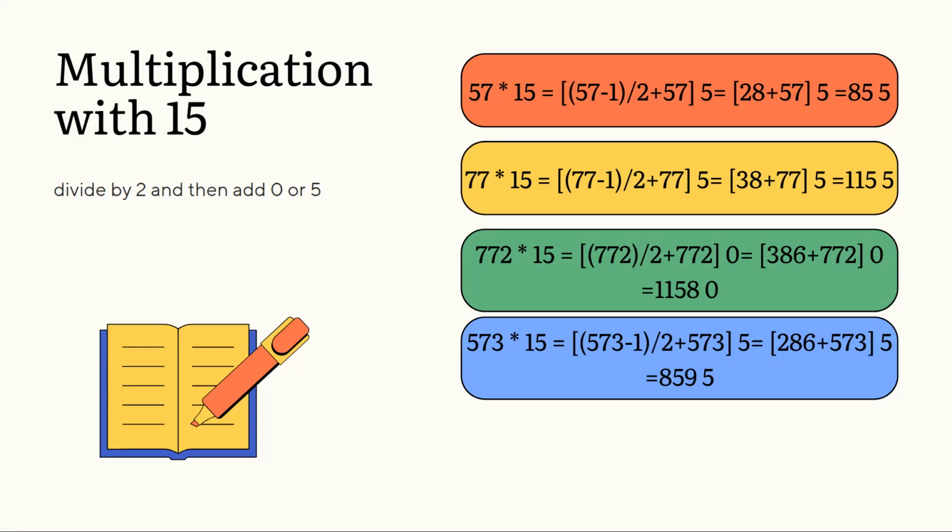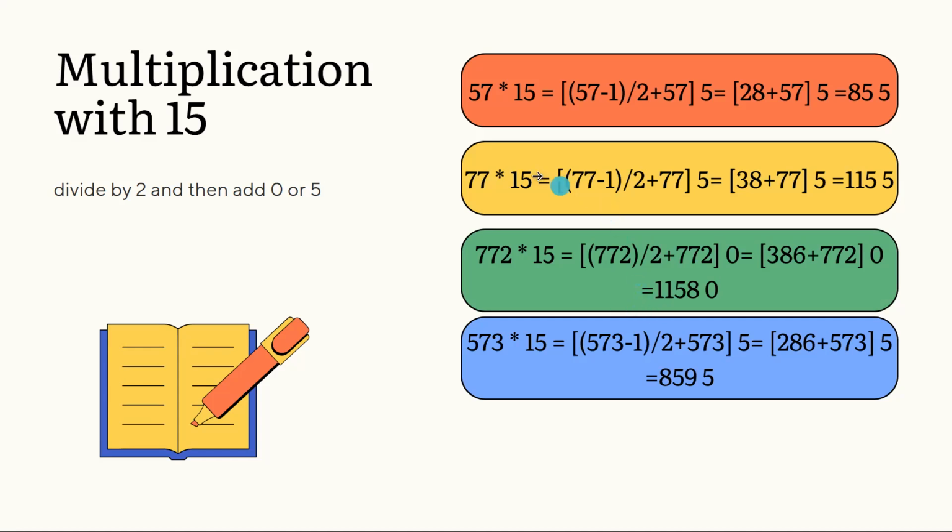Now this is the last one for today, which is multiplication with 15. So whenever you get some multiplication with 15, you have to divide the number that is multiplied by 2. If it is an odd number, then you have to subtract 1 from that, and then divide by 2.